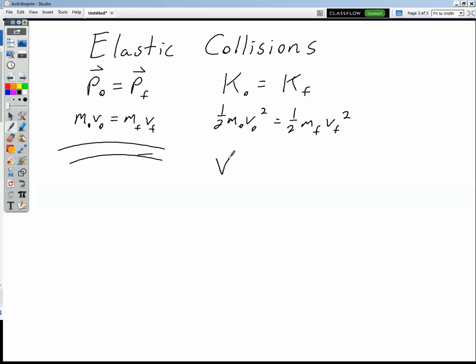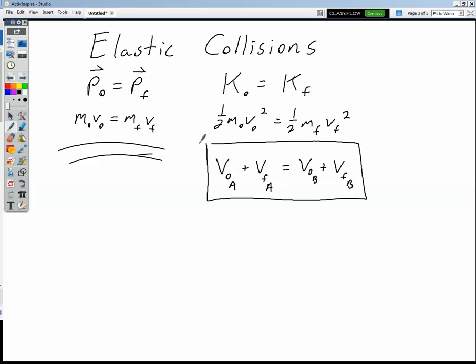let's say we've got two objects here, and this is where this is going to come into play. If I've got two carts colliding with one another, then we could say that the initial velocity of cart A plus the final velocity of cart A is going to be equal to the initial velocity of cart B plus the final velocity of cart B. And with two objects that are colliding with one another and the collision is elastic, this will hold true.